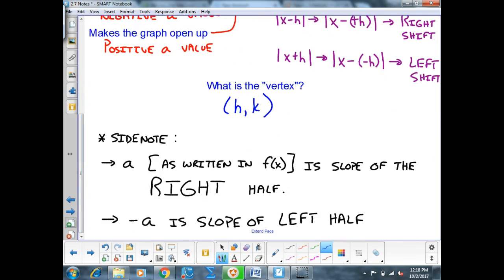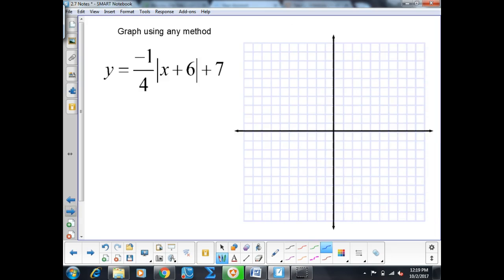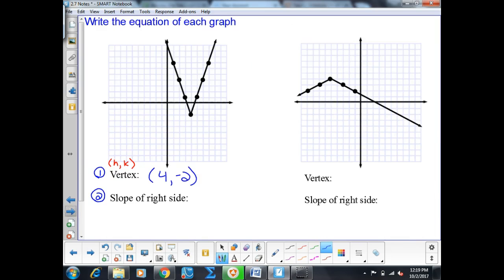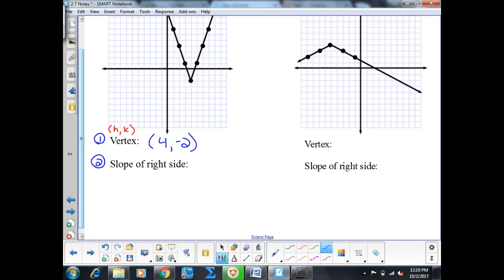It gives us the A value, right? So that's going to give us the A value. The slope of the right side is 3 over 1.